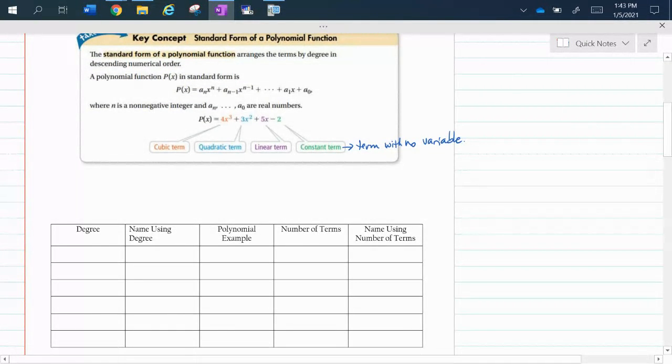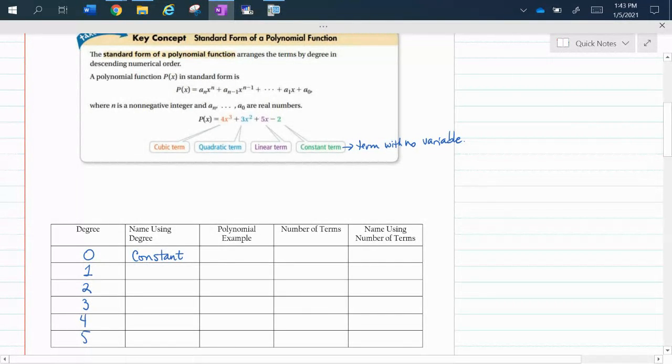So we can classify a polynomial according to its degree, and we can also classify a polynomial according to how many terms there are. So if the degree is 0, 1, 2, 3, 4, 5, we can give it a name. If the degree of a polynomial is 0, we call it a constant.